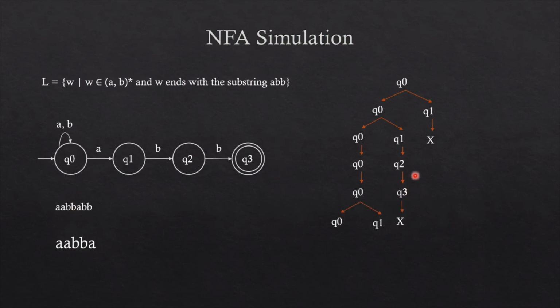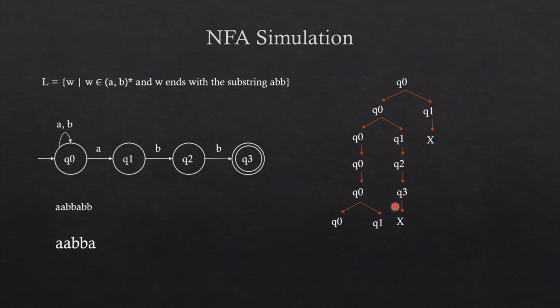But it wasn't. That's why from Q3, this flow will die, because this entire flow from Q0 to Q1 to Q2 to Q3 assumed that it's ending with ABB. And whenever the assumption is wrong, we kill that flow. So this flow here dies, it reaches a dead configuration.